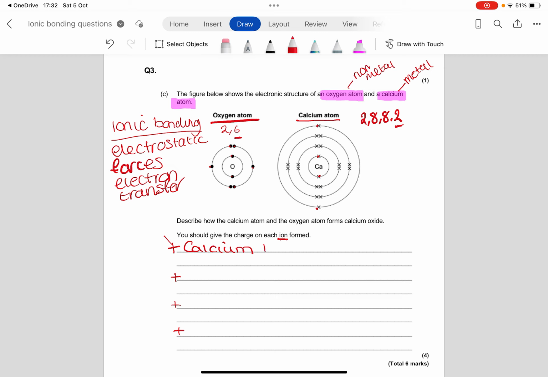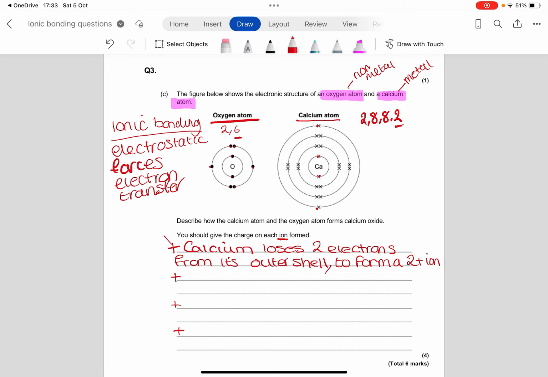So calcium loses 2 electrons from its outer shell. If it loses 2 electrons, it's going to become a 2 positive because it's got 2 more protons than it has got electrons. So again, look back at that first video if you're unsure about what I mean from that. So calcium loses 2 electrons from its outer shell to form a 2 positive ion.